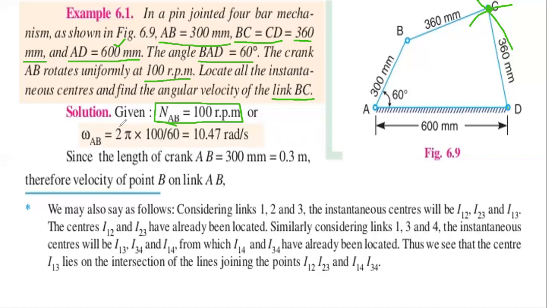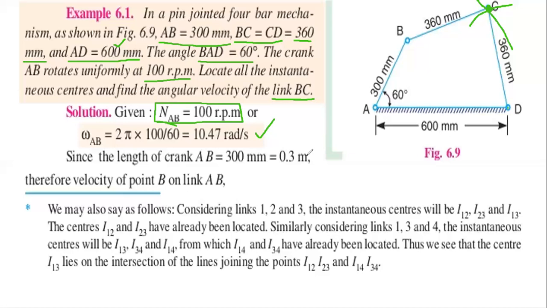So 2 into pi into 100 rpm, and by direct substitution we got 10.47 radians per second.